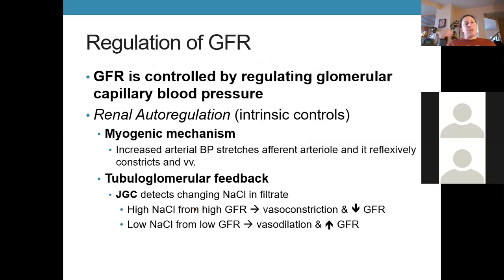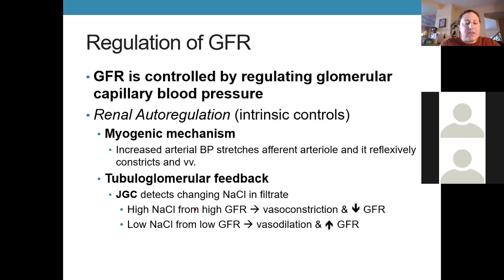So we have a couple of different levels of regulation for this that represent that balance between the need to keep making urine because we have to get rid of these waste products and the need to preserve blood pressure.